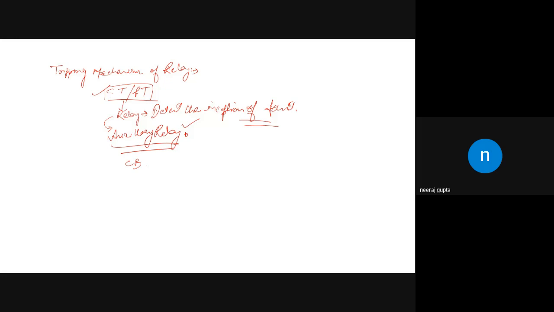Now, let us consider a small system. Let us suppose that we have the CT here and the PT which is connected, and this is the relay. There are two coils within the relay.